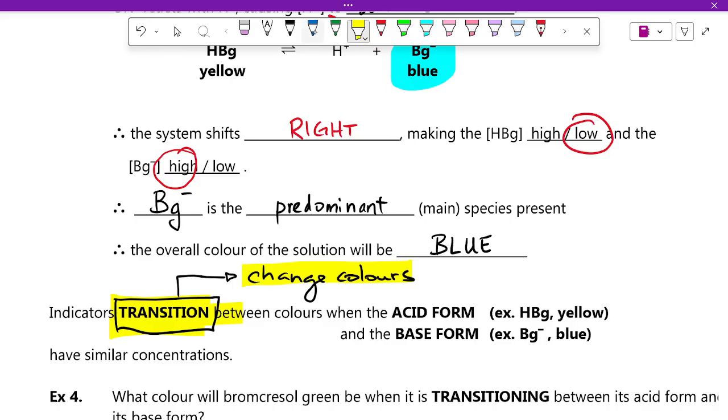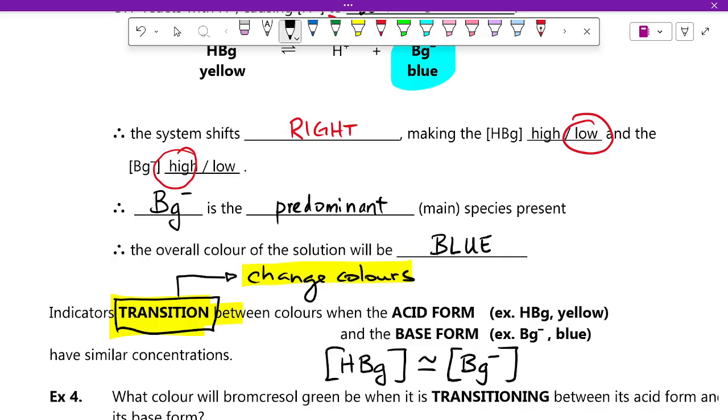So they transition when the concentration of HBG is approximately equal to the concentration of BG minus.